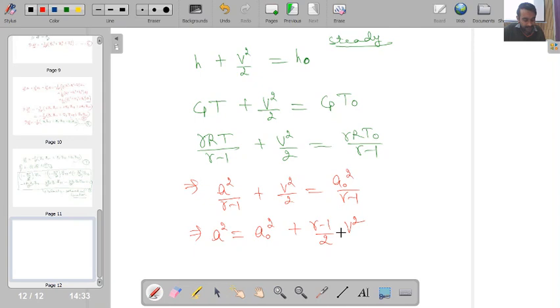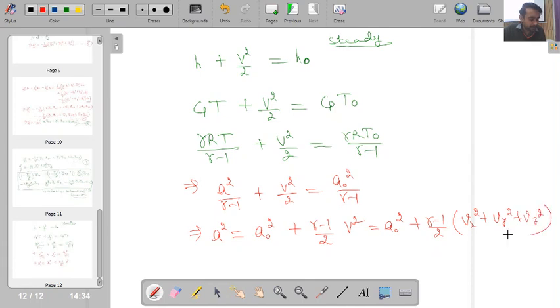And V square I can write as Vx square plus Vy square plus Vz square.